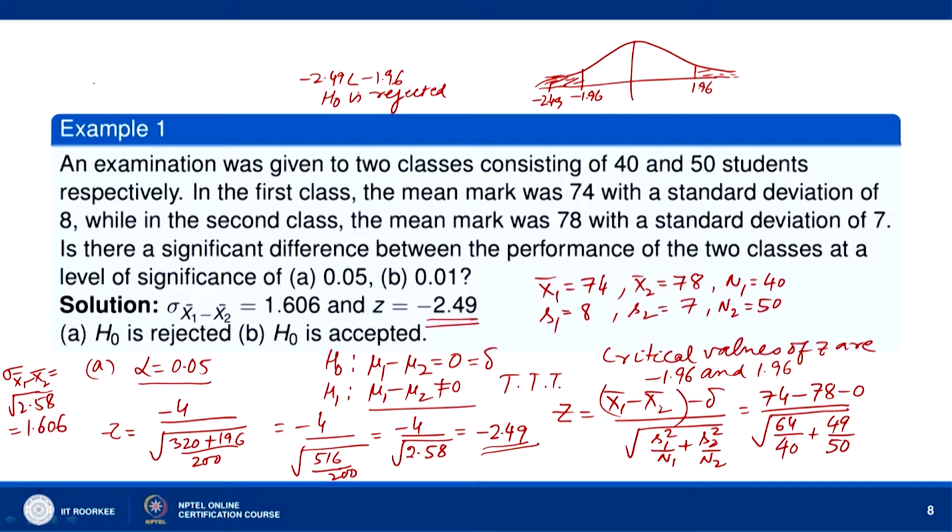So, we can conclude that there is significant difference between the two classes at 0.05 level of significance.